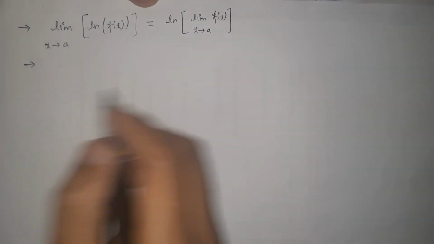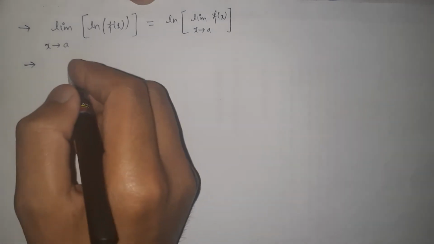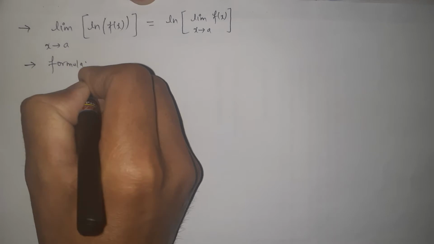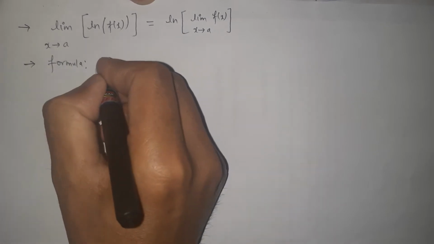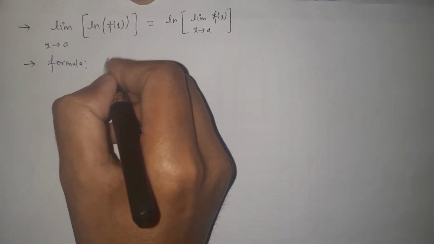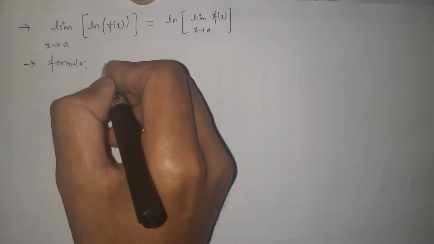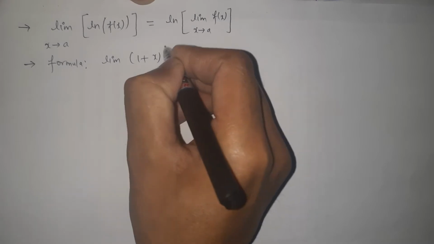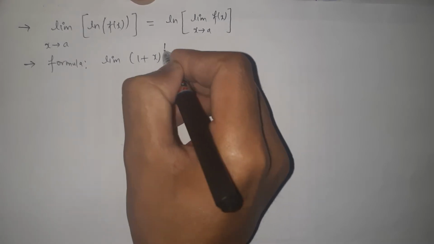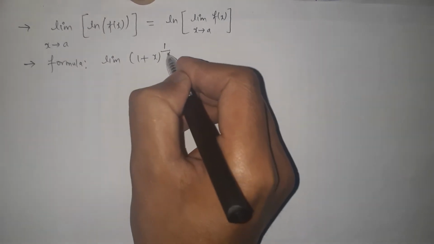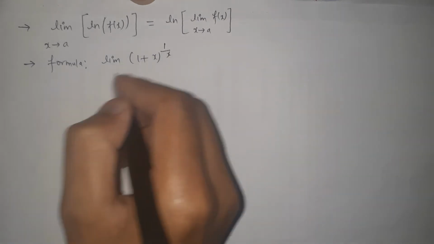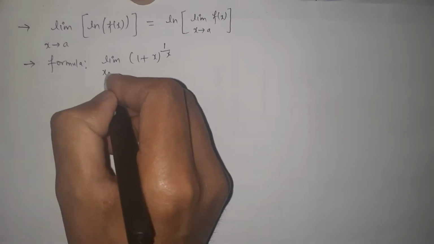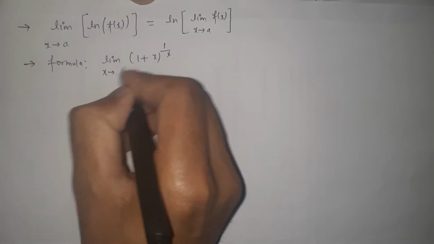And let's recall another formula related to the Euler number. The Euler definition of the Euler number is the limit of 1 plus x raised to the power 1 over x, when the variable x approaches 0.